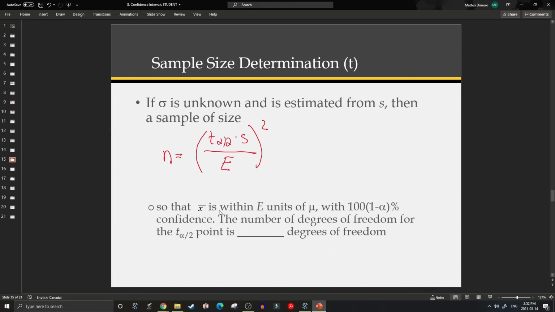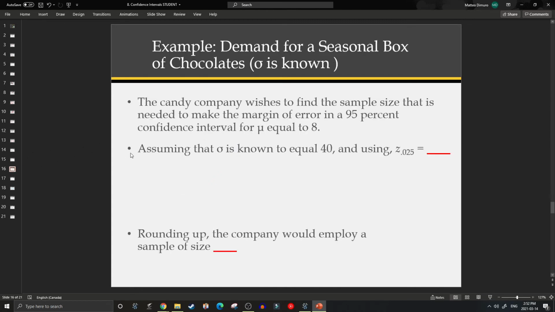And that's going to make it so that X bar is within E units of the actual mean, with whatever confidence interval we're actually looking at. The number of degrees of freedom for t alpha divided by 2 is still n minus 1. Now, all these formulas are on your formula sheet, by the way, so don't need to worry about that.